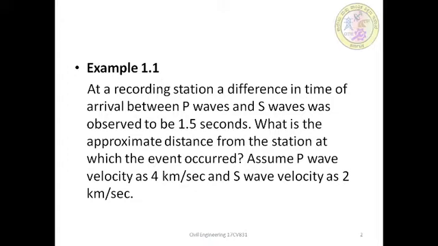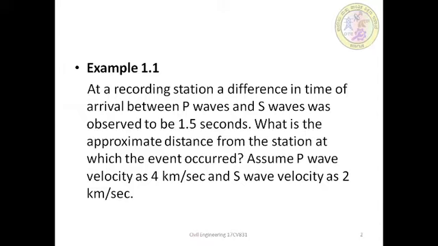So the first example is that at a recording station, a difference in time of arrival between P waves and S waves was observed to be 1.5 seconds. Then what is the approximate distance from the station at which the event occurred?